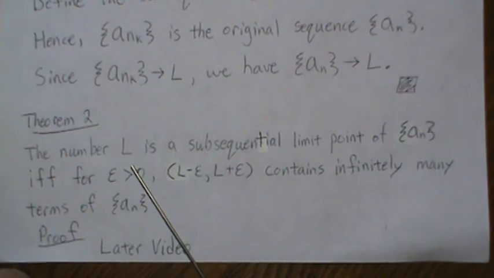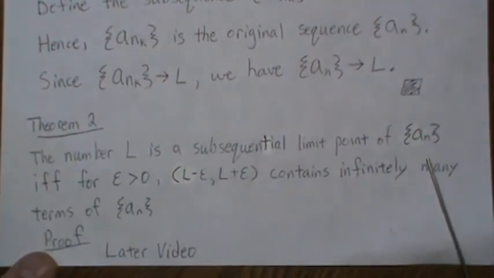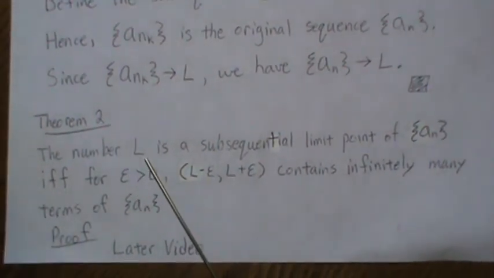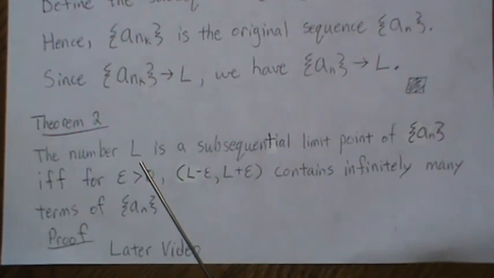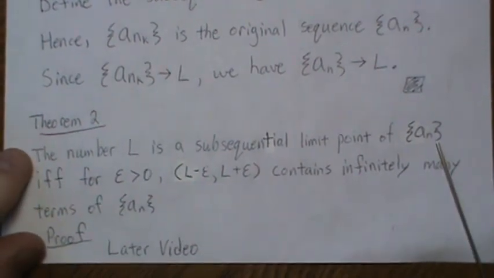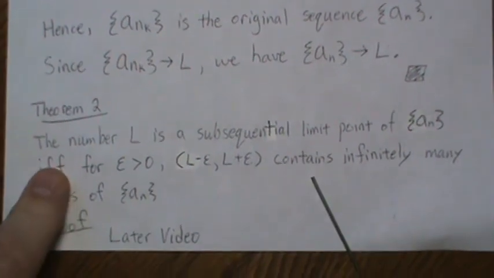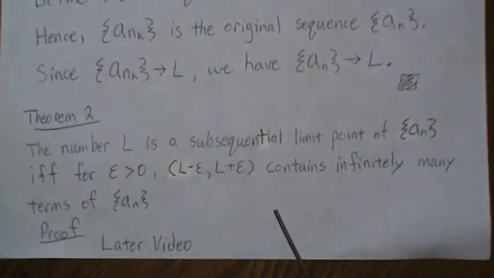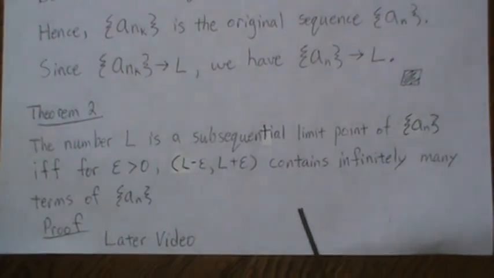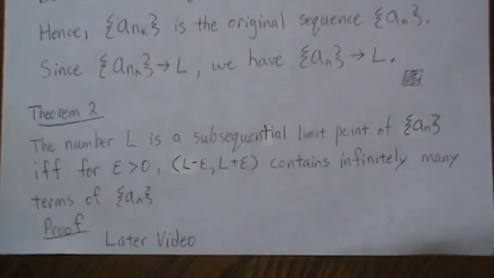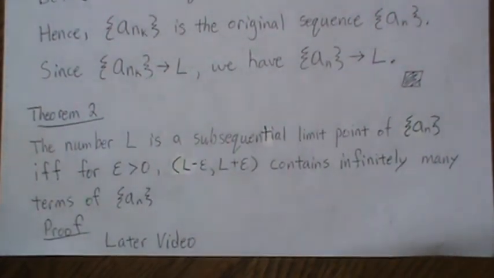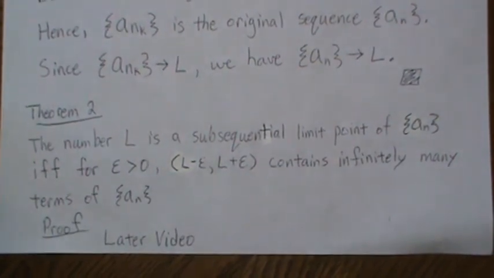So 1 is a subsequential limit point of a_n, but also 2 is a subsequential limit point and 3 is a subsequential limit point of our original sequence. I'm pointing this theorem out because a sequence can have lots of different subsequential limit points.